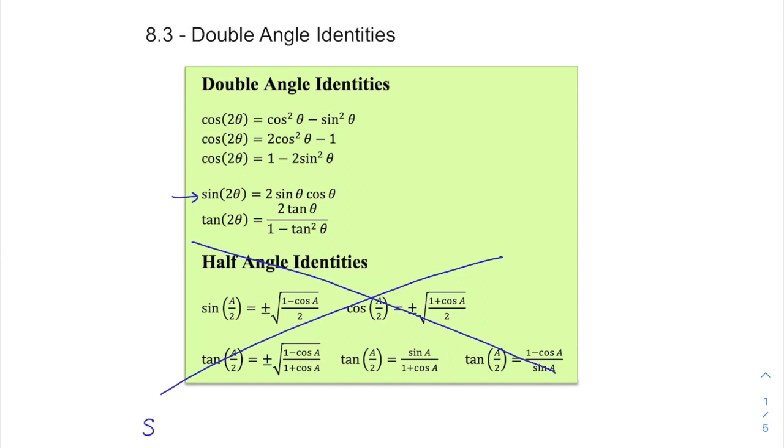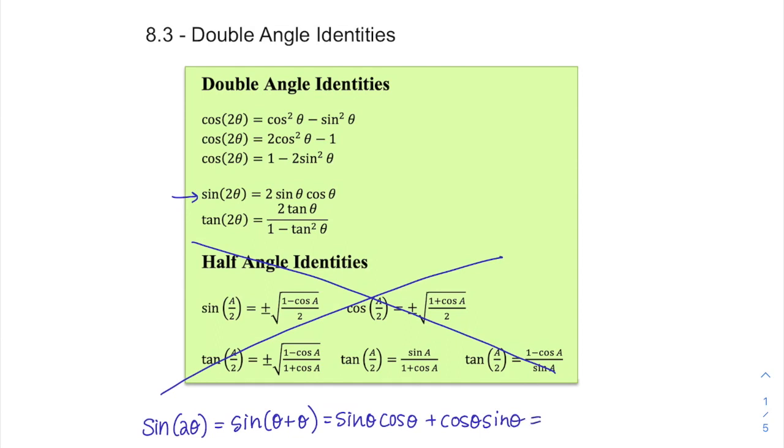If I'm finding sine of 2 theta, these formulas are all coming from your sum and difference formula. So they're all coming from the orange box. Here's how. If I'm talking sine of 2 theta, really what I'm talking about is sine of theta plus theta. And if I used my orange box from our last class, that's the same thing as sine theta cos theta plus cos theta sine theta.